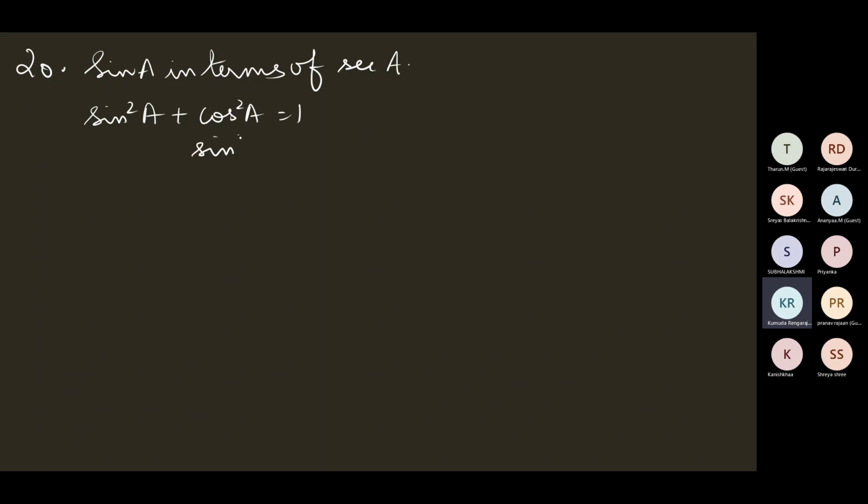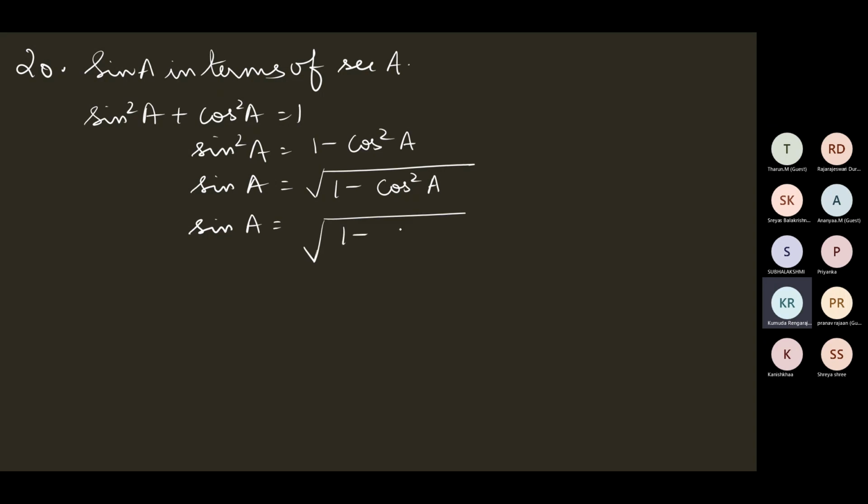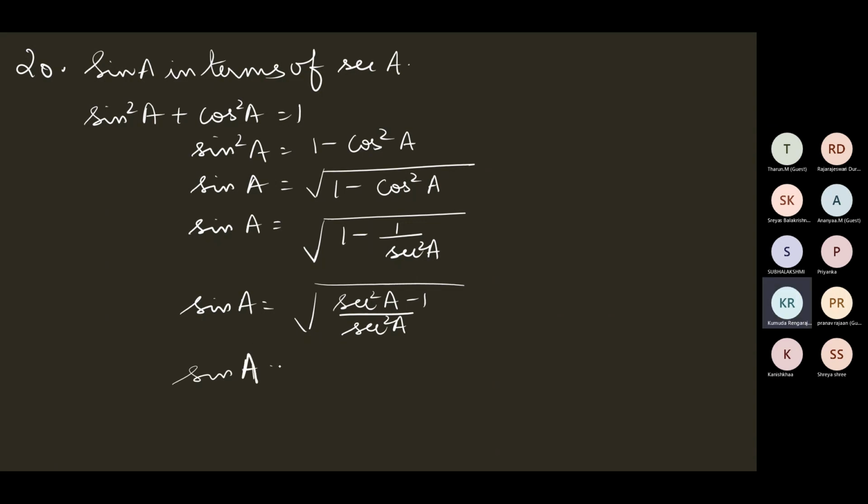So sine square A is equal to 1 minus cos square A. So sine A is equal to square root of 1 minus cos square A. So sine A is equal to square root of 1 minus 1 by secant square A. So sine A is equal to square root of secant square A minus 1 by secant square A. So sine A is equal to square root of secant square A minus 1 divided by secant A.